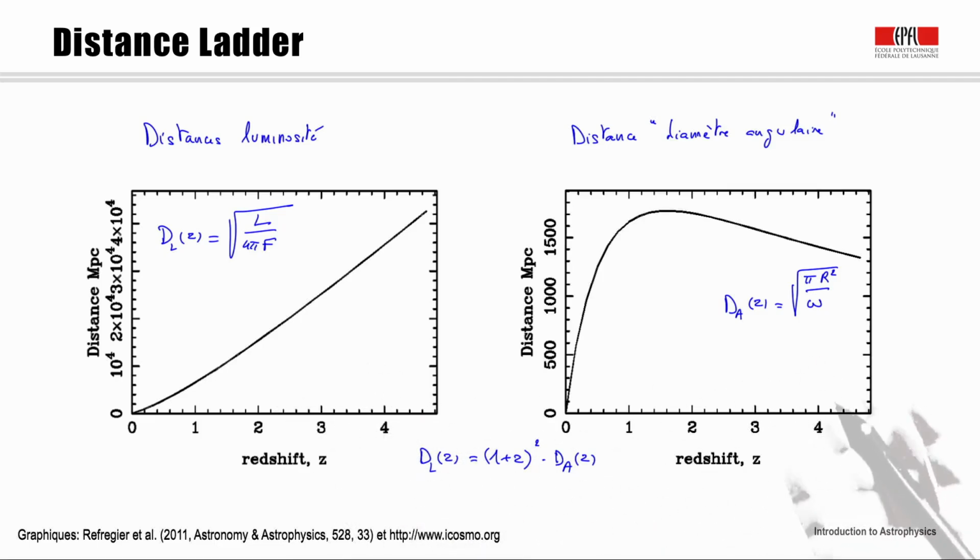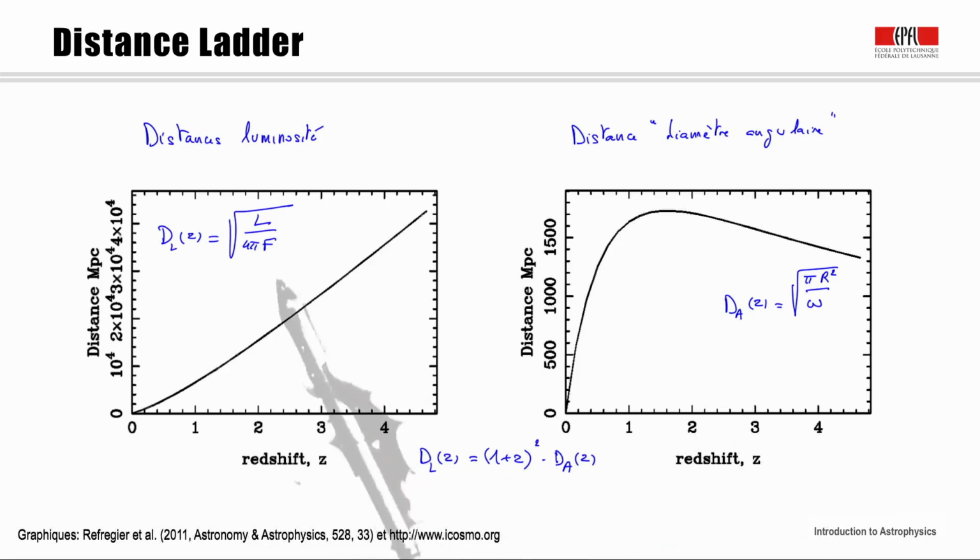It's important to define how we look at distances, either with angular diameter distances or with luminosity distances. In both cases, we have to confront the correct observations to the correct theoretical predictions. Here we have models that predict luminosities or apparent fluxes. Here we have models that predict apparent solid angles for reference objects. It's important to know what distance we are talking about. There is also something that might seem counterintuitive.